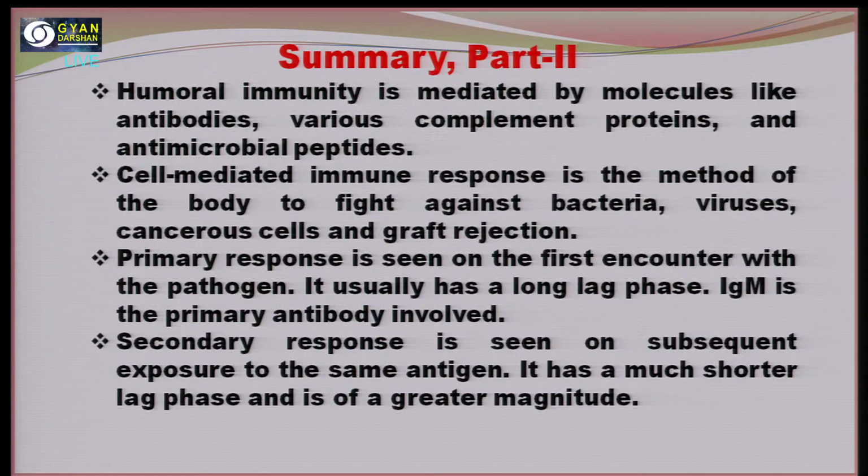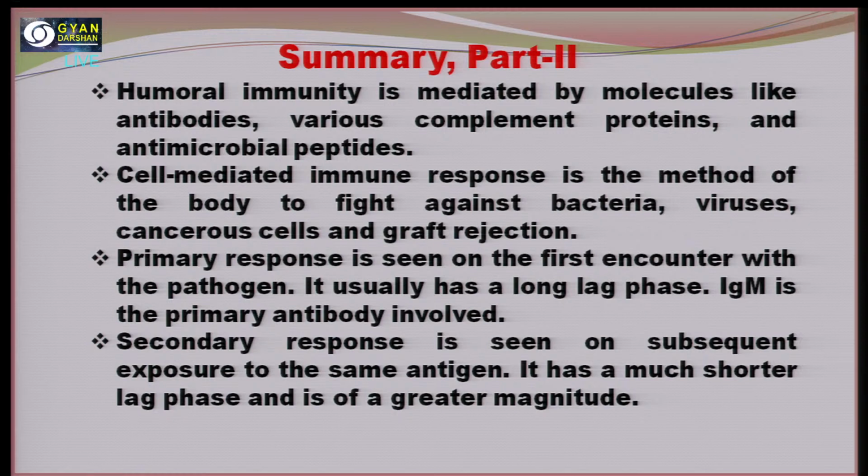Dear learner, I want to summarize part two. You have learned various things: humoral immunity is mediated by molecules like antibodies, various complement proteins and antimicrobial peptides. The cell mediated immune response is the method of the body to fight against bacteria, viruses, cancer cells and graft rejection.